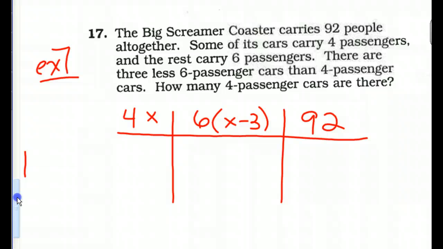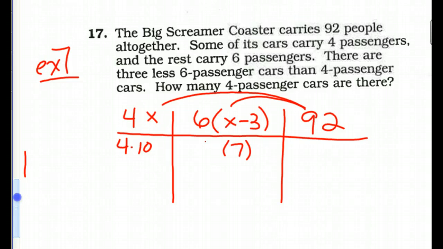So when we add up these two columns, we need to get 92. So let's start guessing some things. Let's just do 10 for X. So 4 times 10, and then over here, this would be 6 times 7. So this would be 40 plus 42. Oh, we're so close. That's 82. So we're too low.